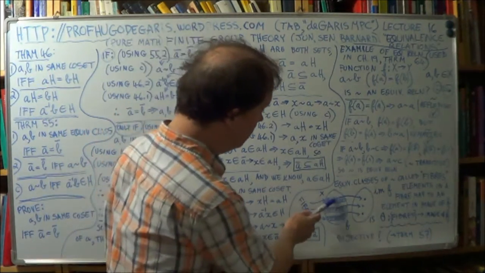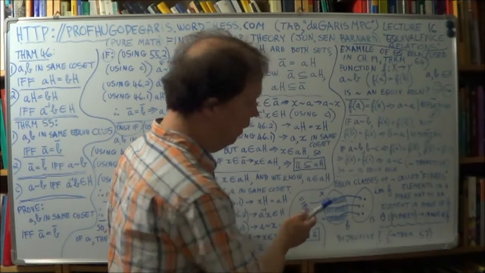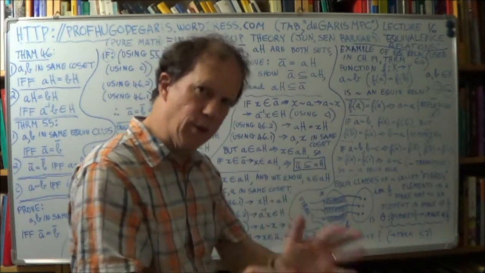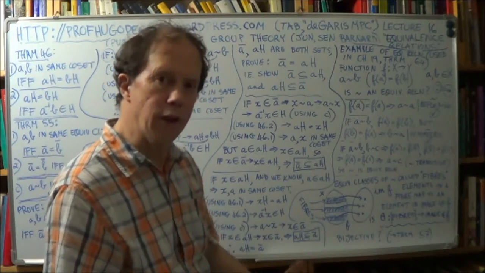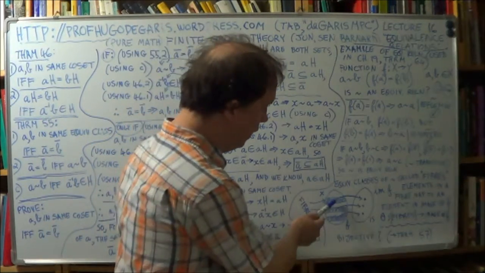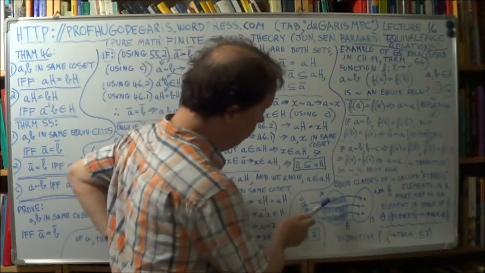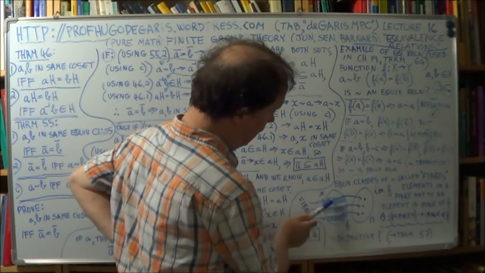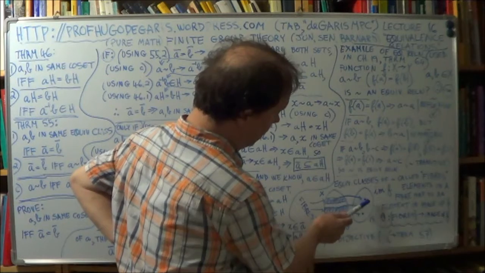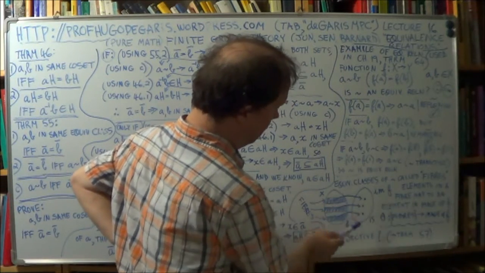So for all these little x's in here, all the elements here, all their f of those elements have the same value. Right? So f of x1 equals f of x2 equals f of x3, and so on. So all your elements here, they all map to one point in your target set, right?